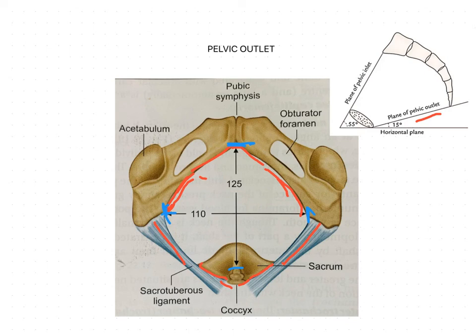So the transverse diameter in the inlet is greater and in the outlet is lesser. Coming to the oblique diameter, it is measured from the midpoint of the sacrotuberous ligament of one side to the junction of the ischial and pubic rami on the other side.